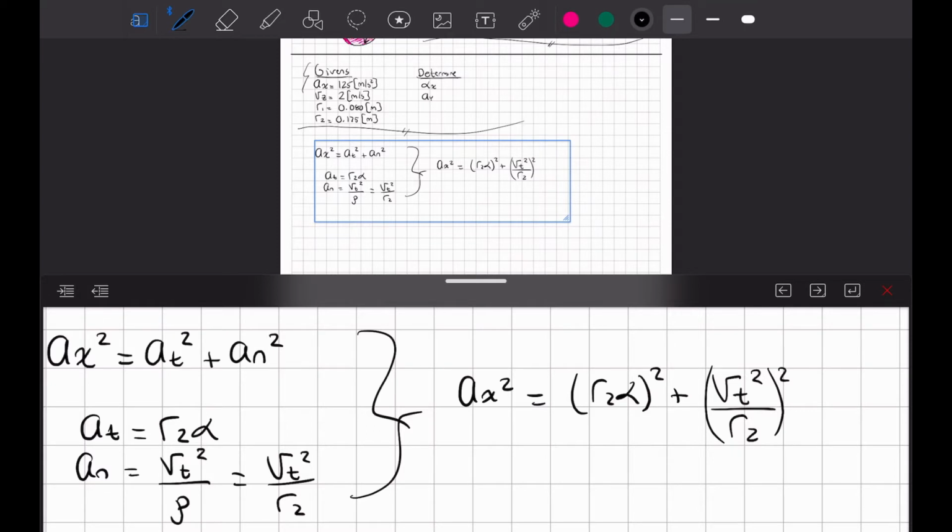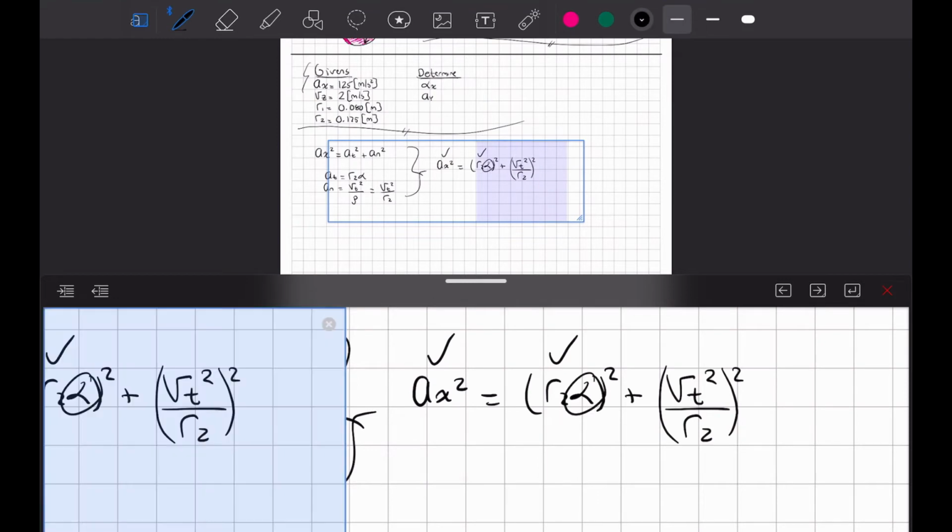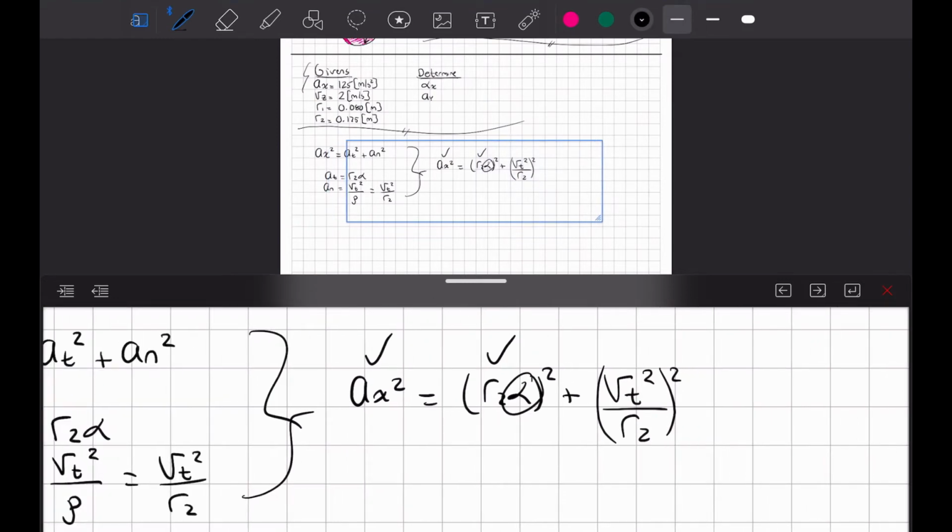So if we look at what we have, we know ax, we know r2, we don't know alpha just yet. That's what we're trying to find, so that's our unknown. We do know the tangential velocity, and we'll explain that here in a second. And then we know r2.